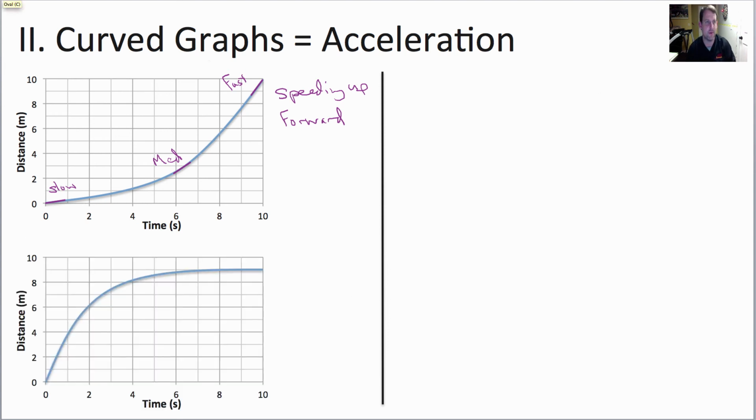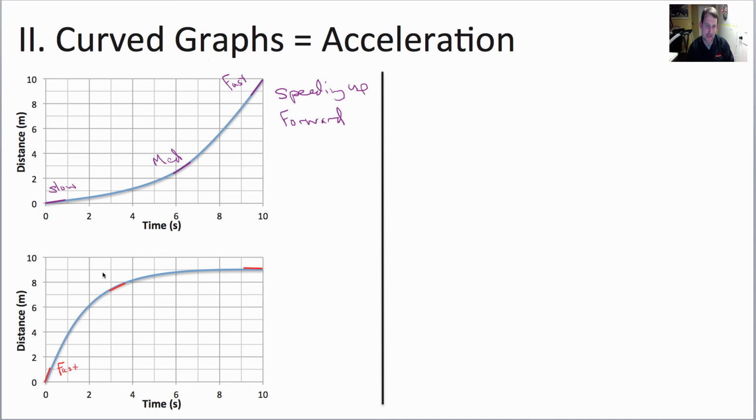All right, so in this one, we'll do the same thing. We'll draw a little slope line here at the beginning, one in the middle-ish, and then again one at the end. Right? This one starts out super steep, so we must be moving fast.